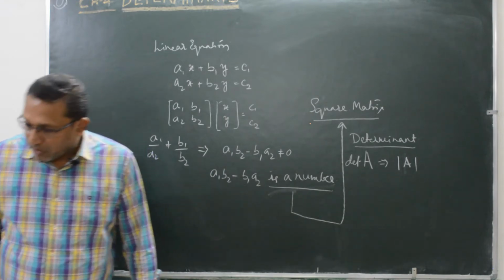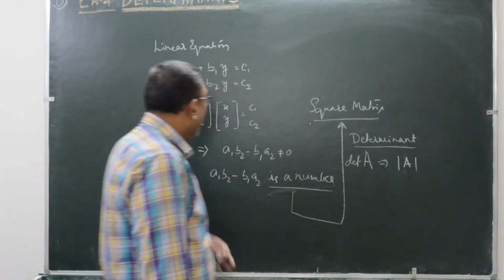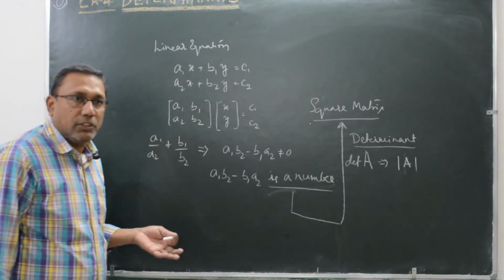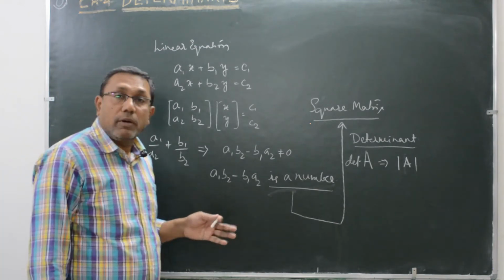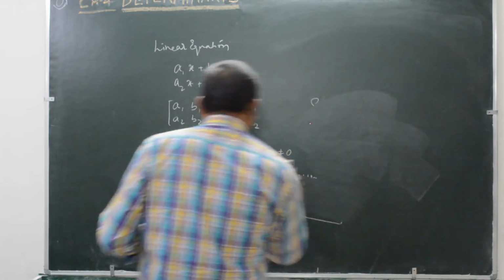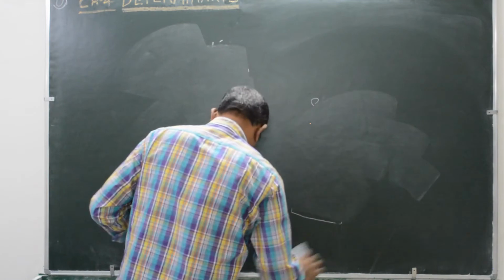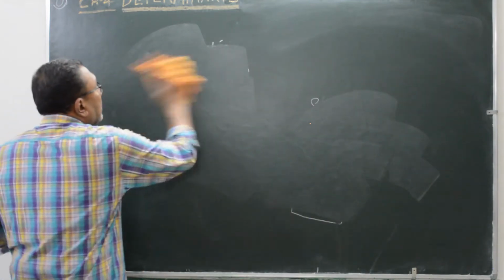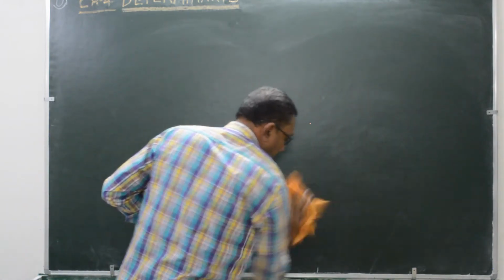As I told you, a determinant is always obtained only for a square matrix. Let us see the different orders of a matrix and how we can obtain a det value.